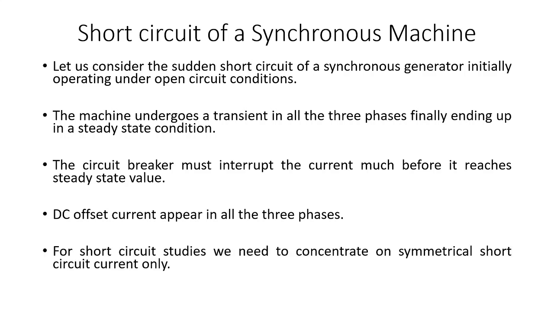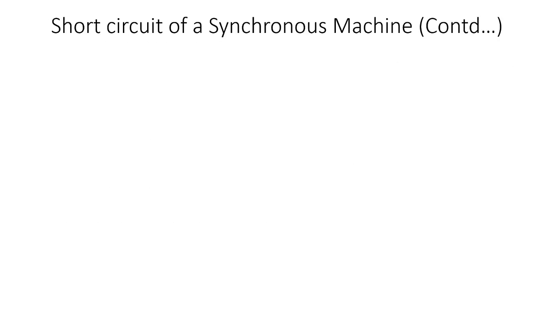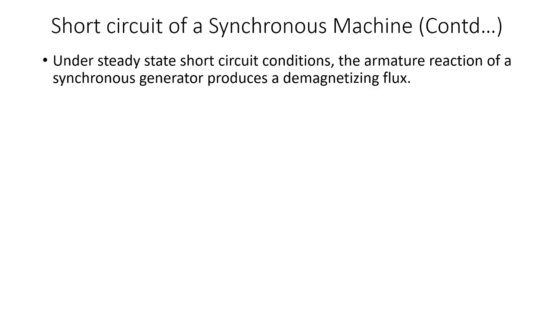For the short circuit studies, we need to concentrate on the symmetrical short circuit current only. Immediately after a short circuit, the symmetrical short circuit current is only limited by the leakage reactance. Since air gap flux cannot change instantaneously, to counter the demagnetizing effect of the armature reaction, currents appear in the field and the damper windings in the direction of the main flux.